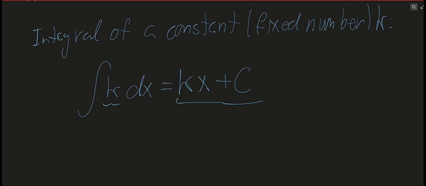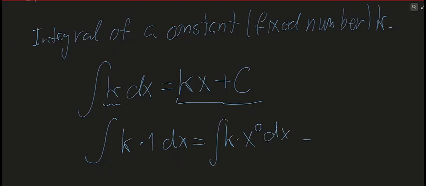If you want to see the more proper explanation with the power rule, this is not necessary, but it's something good to know. This is k technically times 1 dx, and that's k times x to the 0 dx. On this you can use the power rule, which is k times x to the 1 divided by 1, plus c. Both give you the same thing, because a power of 1 and division by 1 change nothing.